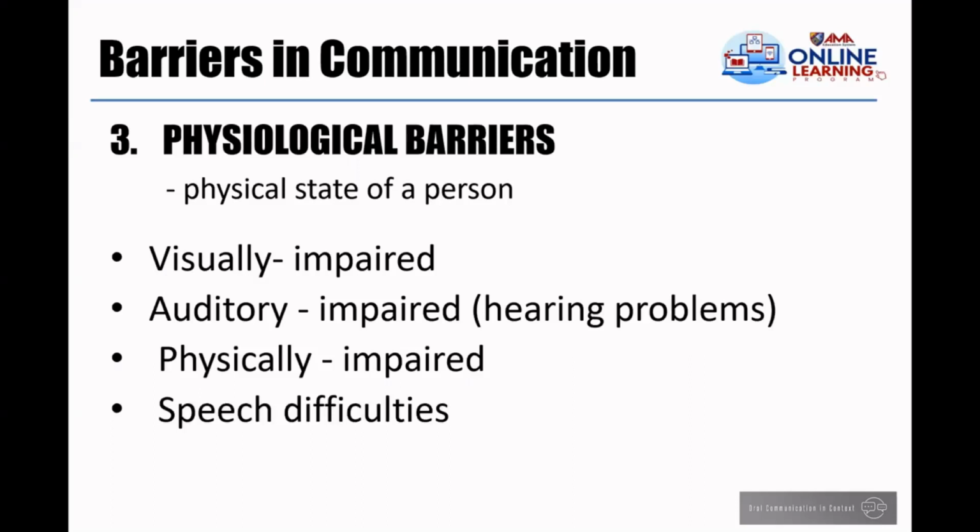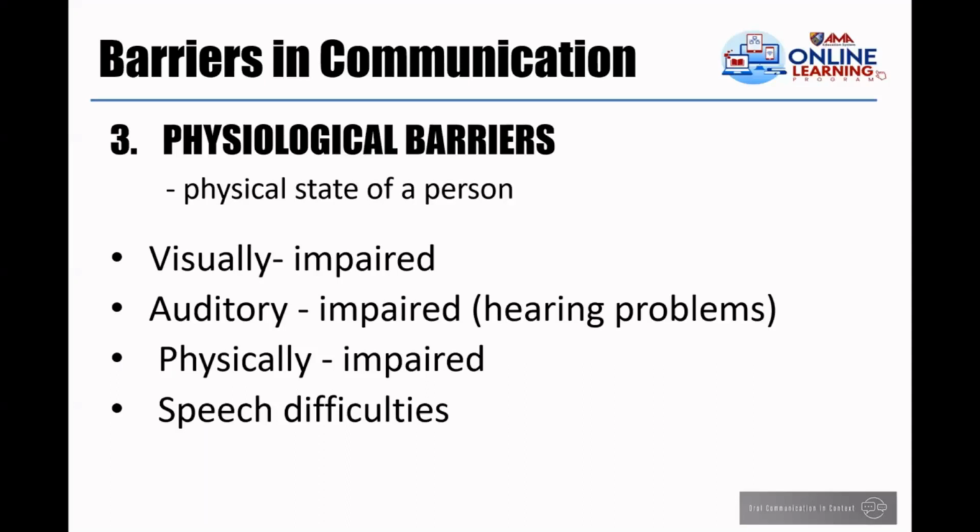For the visually impaired, if the sender has an impairment in vision, like for example nearsighted or farsighted, and then the receiver also has an impairment with regards to vision, like malabo or blurry vision, there will still be a communication breakdown.